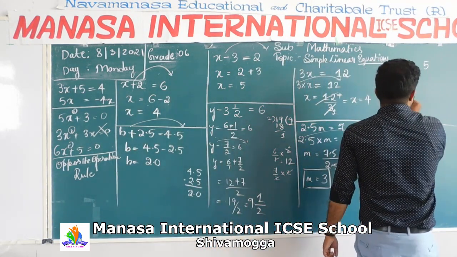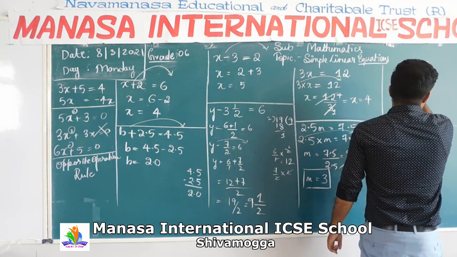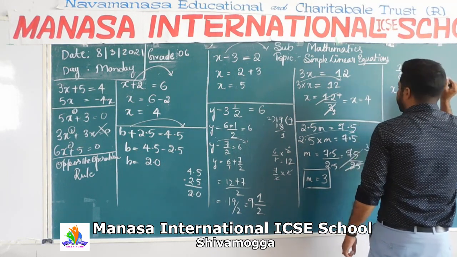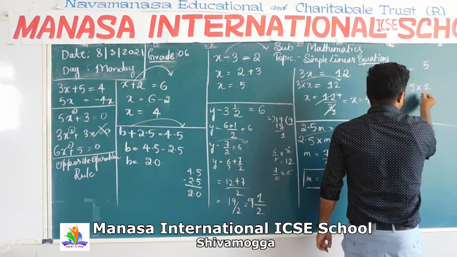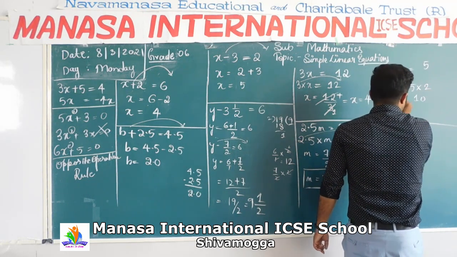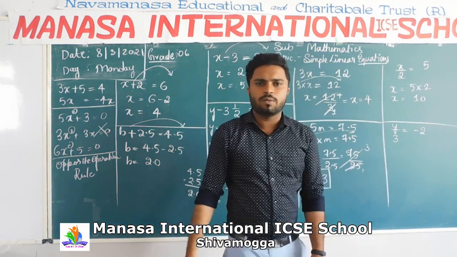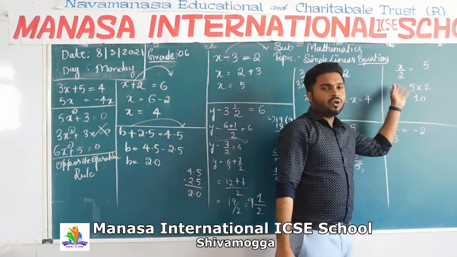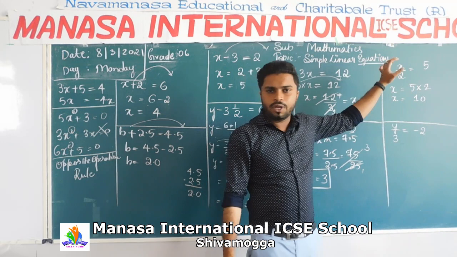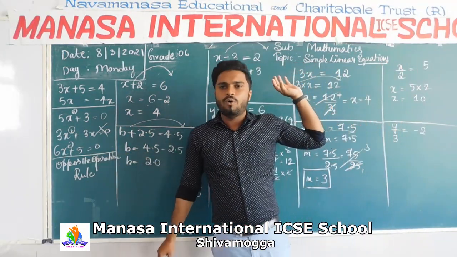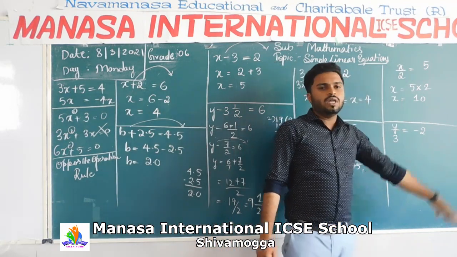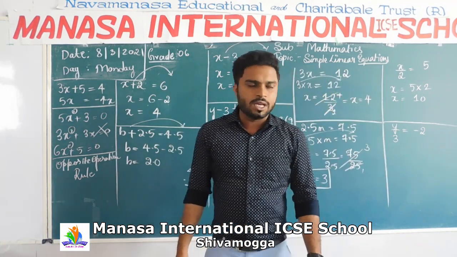Keep the variable on the left hand side and transfer all the constant terms to the right hand side. So division becomes multiplication. 5 2s are 10. Your variable value is 10. Here you are going to do the division operation. As per the opposite operation rule, if it is transferred to that side, it becomes multiplication.